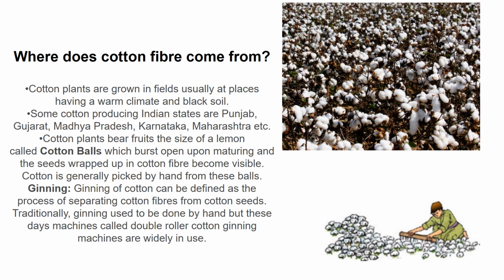When I taught you this chapter, I showed you different states of India on the Indian map. Now, cotton plants bear fruits the size of a lemon. Can you remember? I have shown you a picture. In the next slide I will again show you.